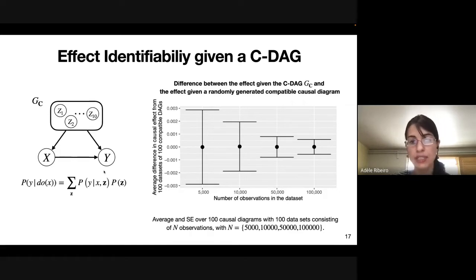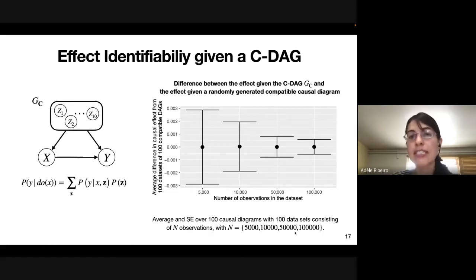So using the true underlying diagram, we have a difference in the causal effect that's very small. It's close to 0. And increasing the sample size, we see an even smaller difference. This is decreasing with the sample size.